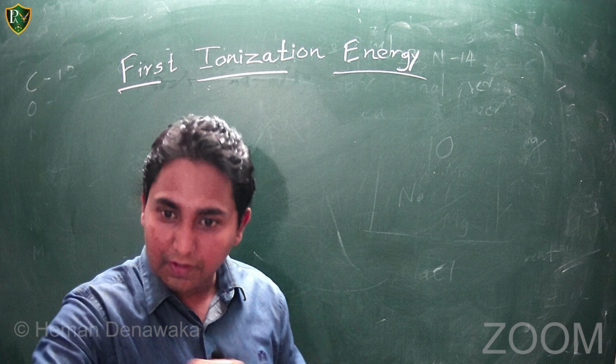There is a minimum energy you can remove an electron with, and then you can say energy. Energy can also come as a keyword. We are talking about energy here, and also unipositive, and gaseous state.